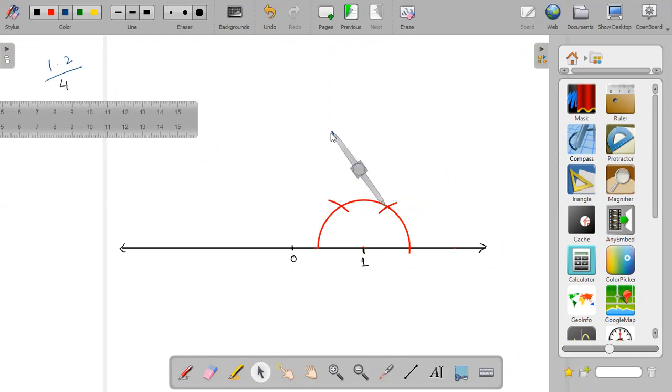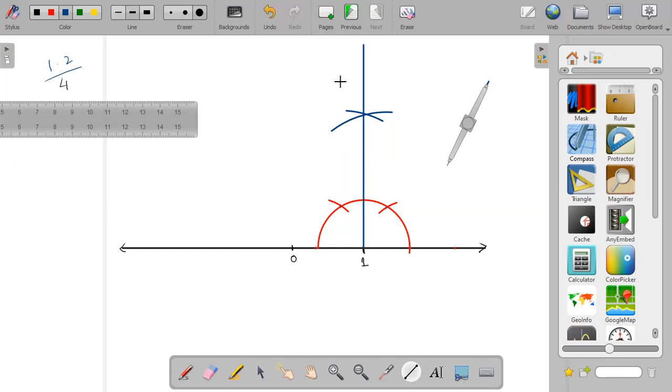Now draw an arc, and with the same radius, do not change the radius. You can give the names of this point also. So like this, every time we have to draw perpendicular, so it becomes difficult to draw every time this way, but this is the only way to draw the perpendicular. It should be perfect.